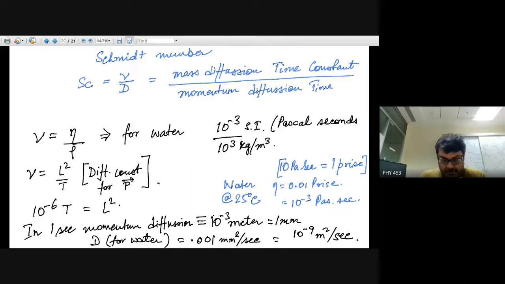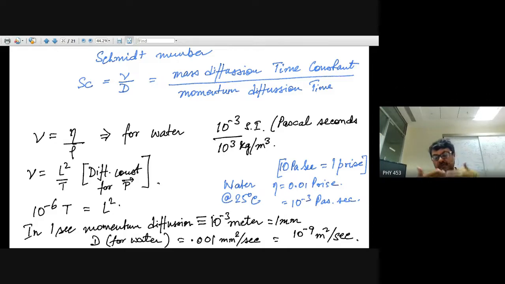Suppose you have a fluid and you have molecules inside the fluid. So you have fast moving molecules. I'm not talking about fast flowing fluid. I'm talking within a certain volume, you have fast moving molecules, and they can move and transport momentum from this part of the fluid to another part of the fluid. That's what happens in air. There are relatively rarer collisions.